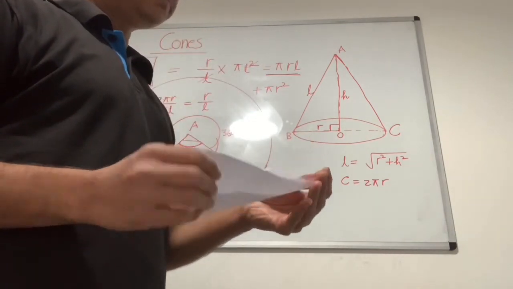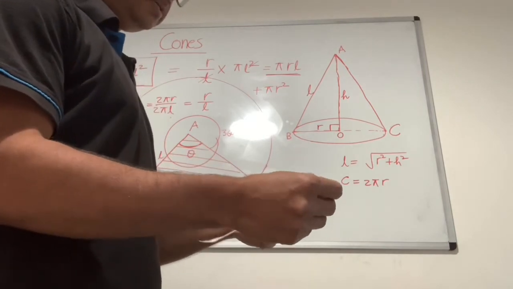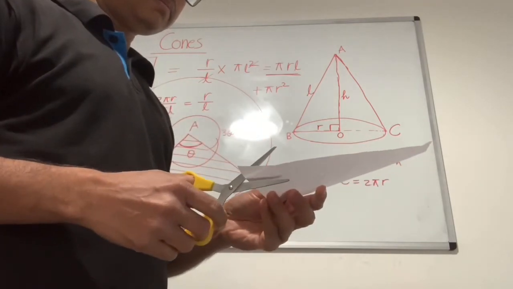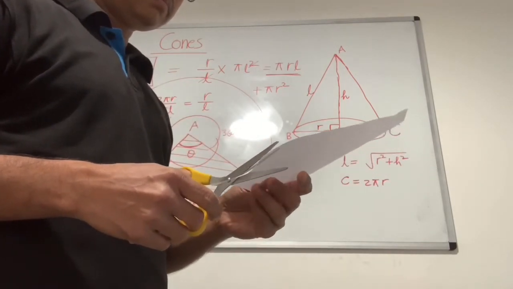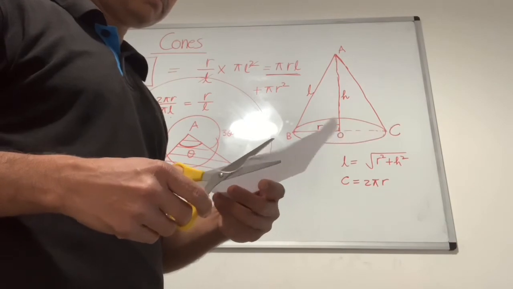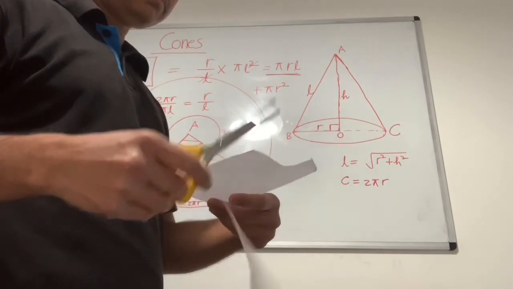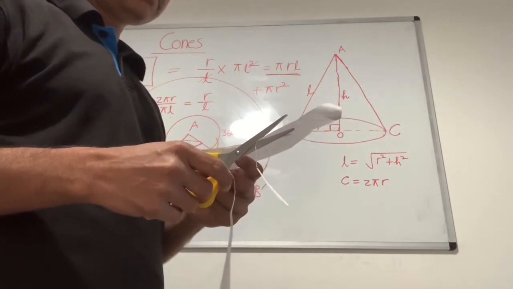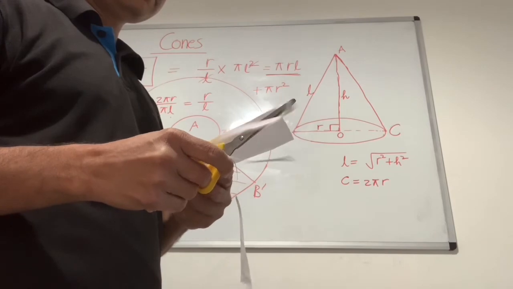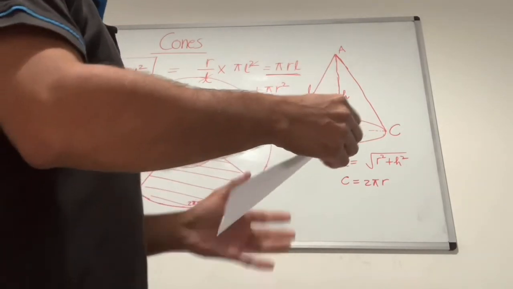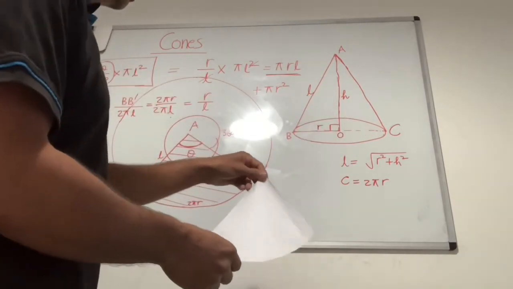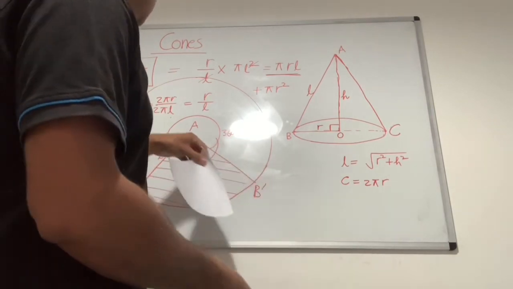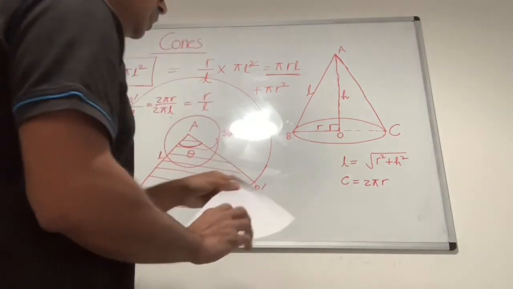Okay, this is your sector. It's not symmetric and will not form a proper cone, but you consider this is your sector, and you want to make a cone.